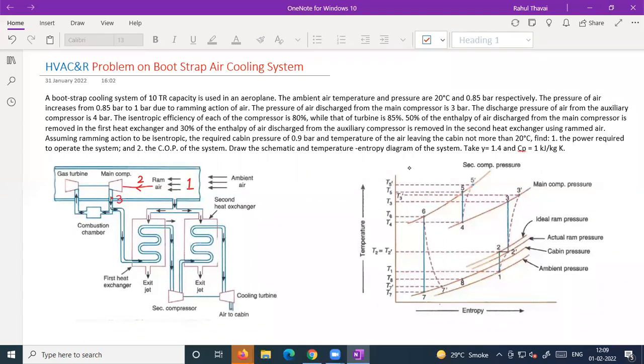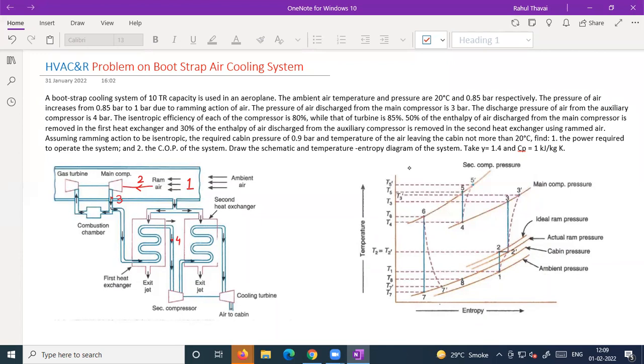Now once it is getting out of the compressor, where does it go? It goes to the heat exchanger, and it comes out at point number 4 from the heat exchanger. Once it is coming out of the heat exchanger, it is supplied to the secondary compressor.